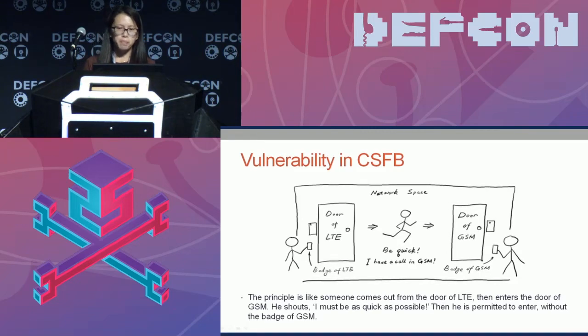And once the badge passes the check, the subscriber enters the network space. And now there's one exception. When the subscriber goes out from the door of LTE, he shouts, "Be quick, I have a call in GSM." So in this urgent, special case, the door of GSM does not check his badge.